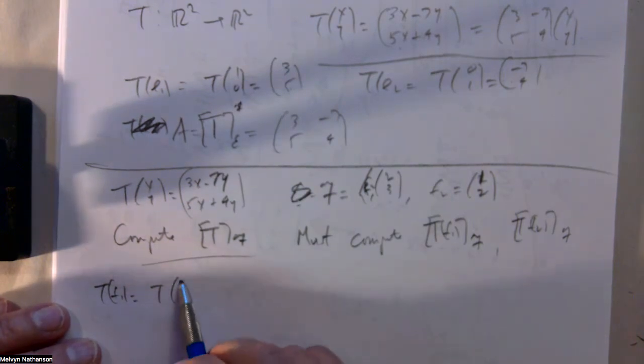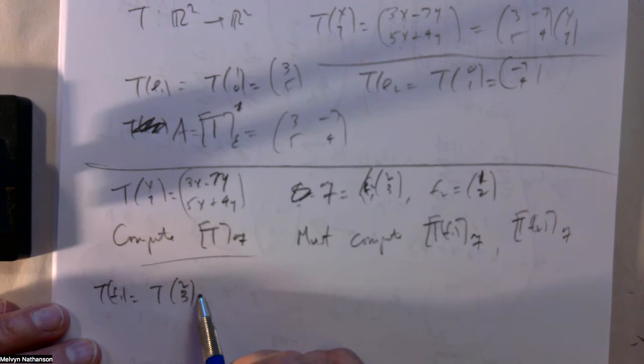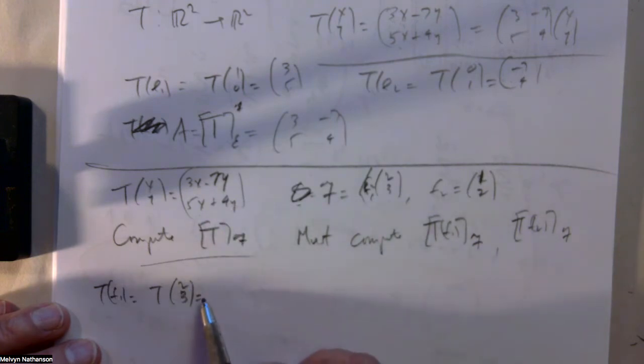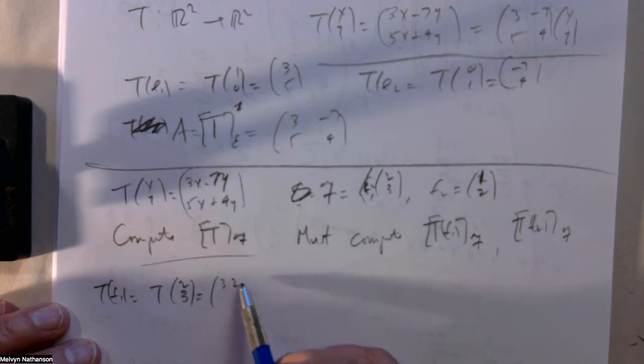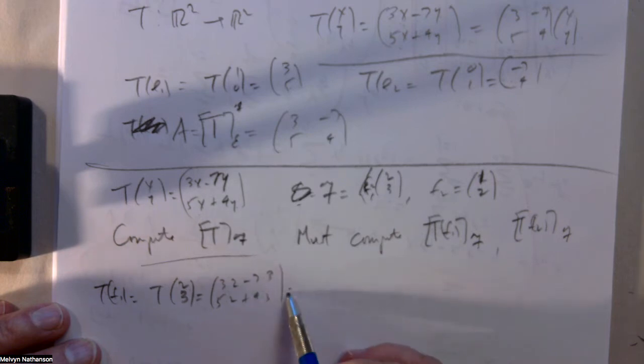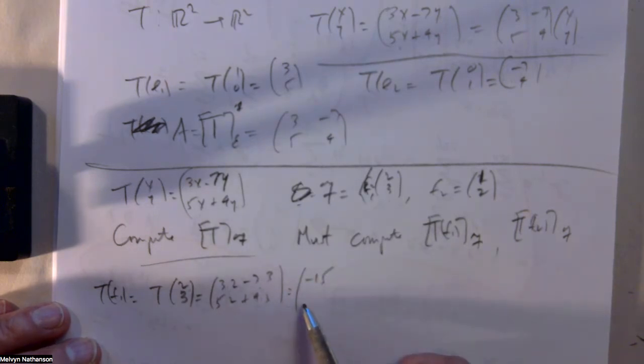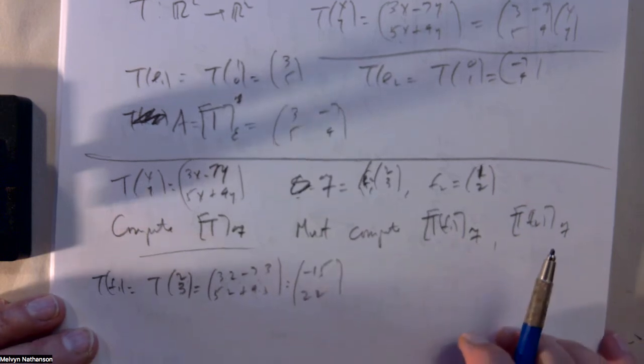F1 is the vector (2, 3). And T is (3x minus 7y, 5x plus 4y). So T of (2, 3) is (3 times 2 minus 7 times 3, 5 times 2 plus 4 times 3). So this is 6 minus 21, I think is minus 15, and 10 plus 12 is 22.